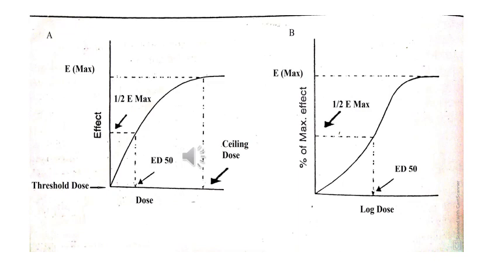So look at figure A. Here ED50 means the concentration where 50% of the effect is being produced. Whenever we get a point, we will plot it towards the y-axis, and the point where it meets the y-axis will give us the response that is being produced by that particular concentration of the drug.